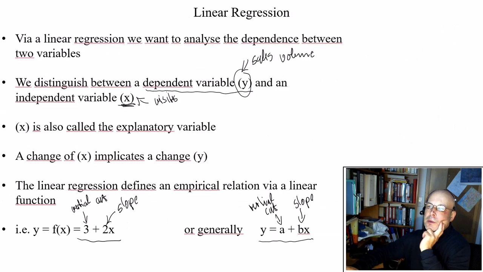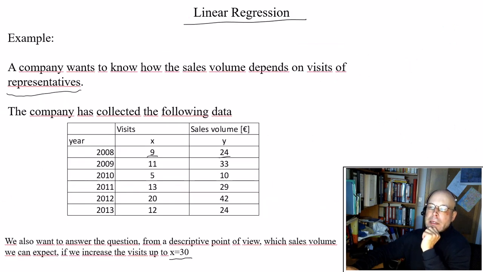And within our example here, I had some data of the not profit, but the sales volume and the number of visits of some representatives of your company, so to speak. Some guys who are knocking at the door of their neighbors and asking if they want to buy your product.